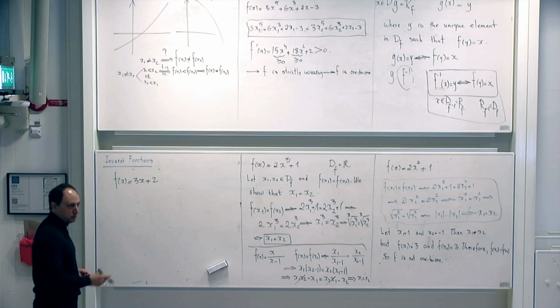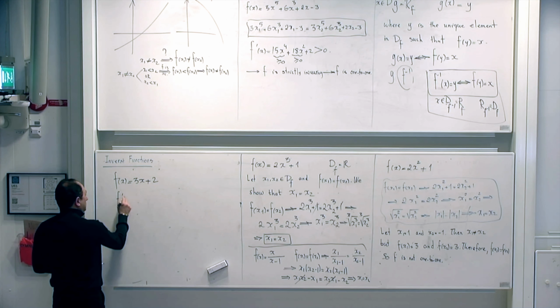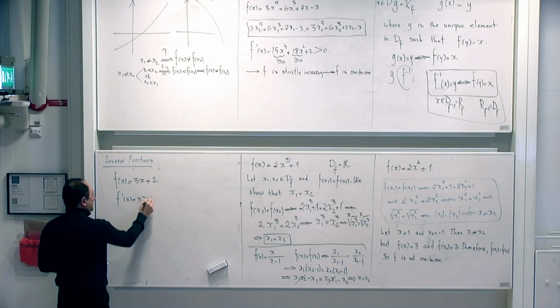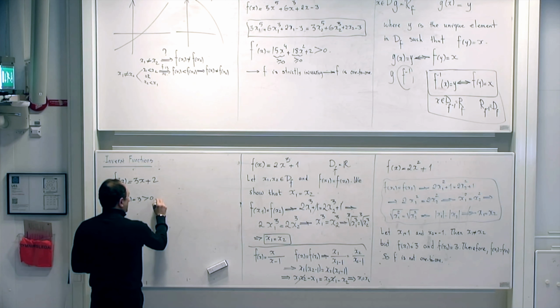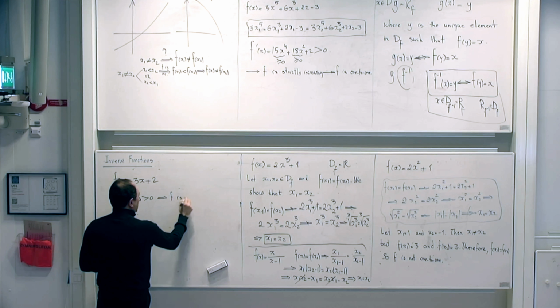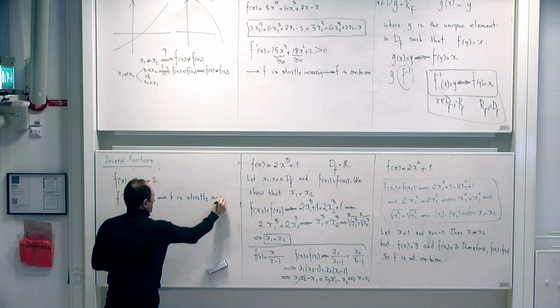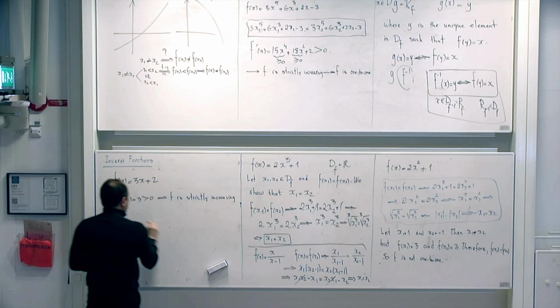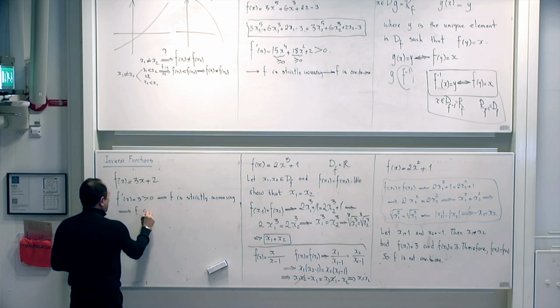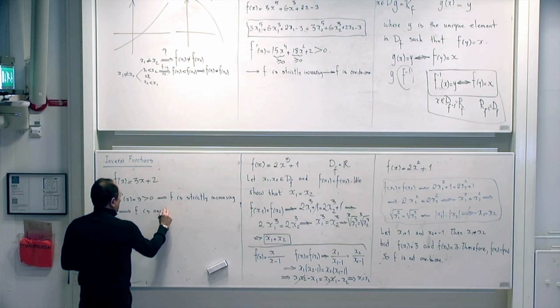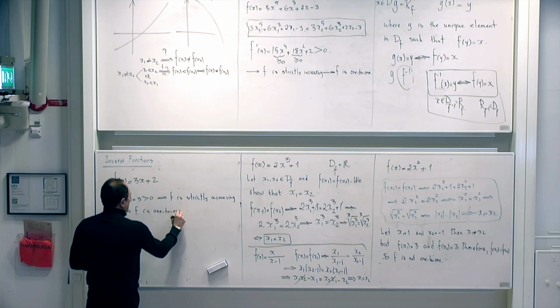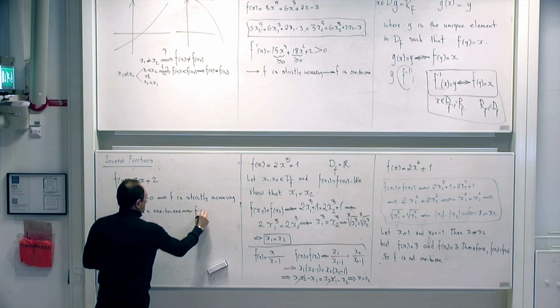Derivative is probably simpler. So if I take the derivative, it is 3, and it is always positive. So this means that f is strictly increasing. Then it means f is one-to-one. Then it means that f is invertible.